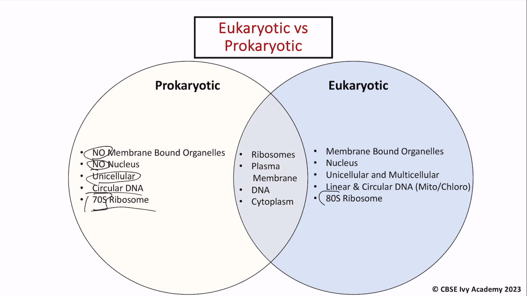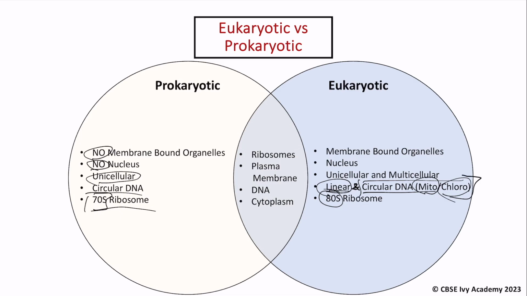Eukaryotes will have 80S ribosomes. So prokaryotes have circular DNA as their main storage of genetic material, and eukaryotes, their main storage of genetic material is their linear chromosomes, but they still have circular DNA in their mitochondria and chloroplasts.